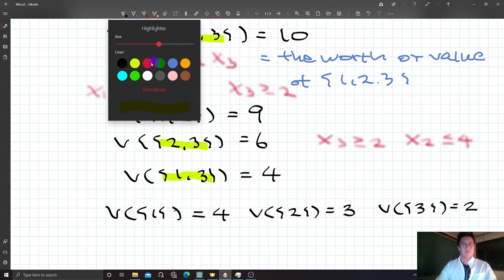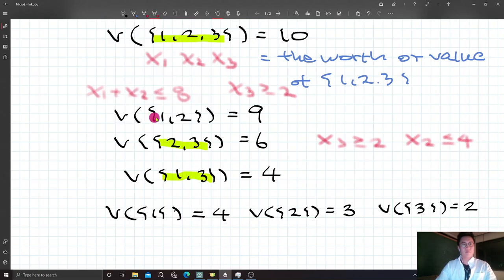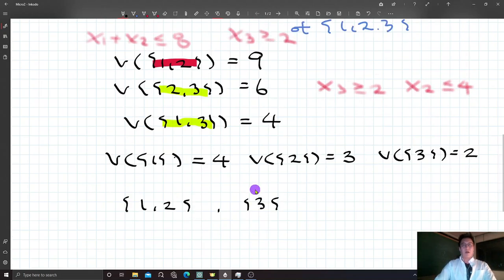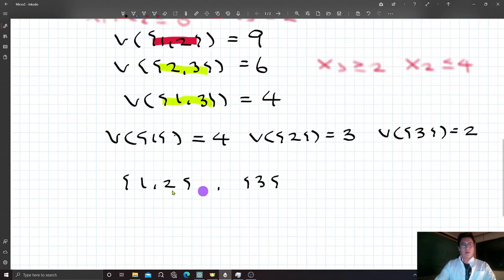This one. Players 1 and 2, right? So 1 and 2. And player 3 will be acting individually. Alright, so the allocation is going to be, x3 is going to be 2, right?